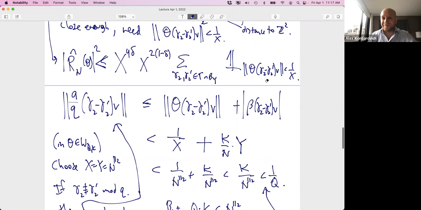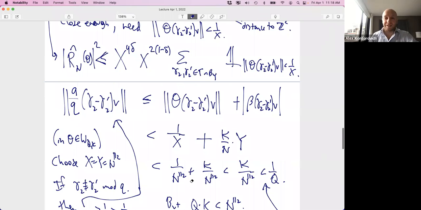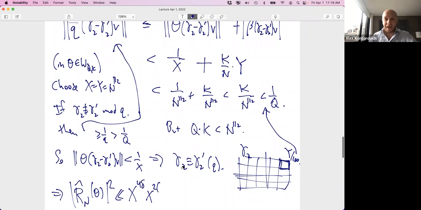So now we have r hat of n squared is bounded by x to the 4 delta. There's a factor of some power of x to the 1 minus delta. Then I'm going to write these sums separately. There's a sum over gamma 2.